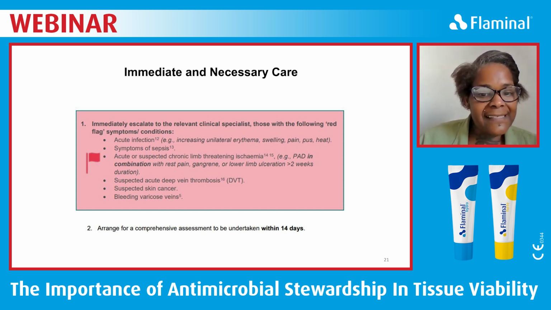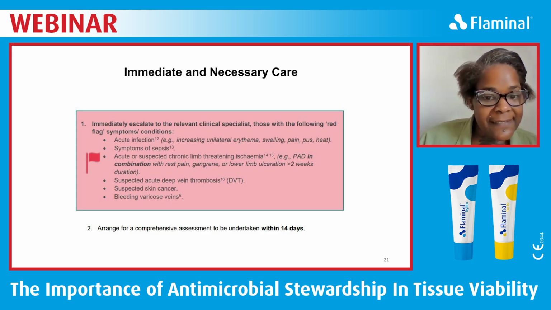Now, these red flag symptoms include acute infection, which may be swelling, pain, pus, heat, sepsis, acute or suspected limb-threatening ischemia, for example peripheral arterial disease, suspected acute deep vein thrombosis, suspected skin cancer, or a bleeding varicose vein.